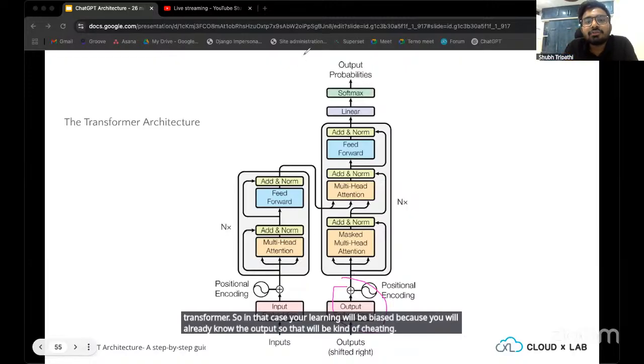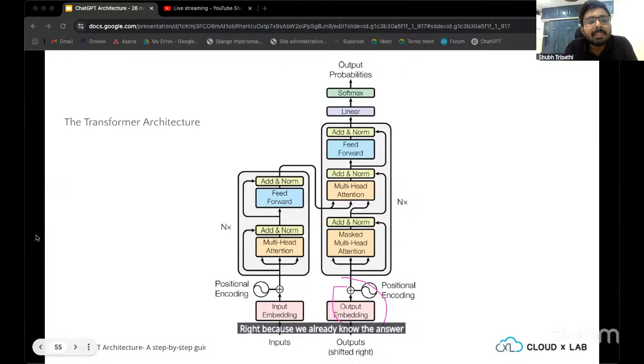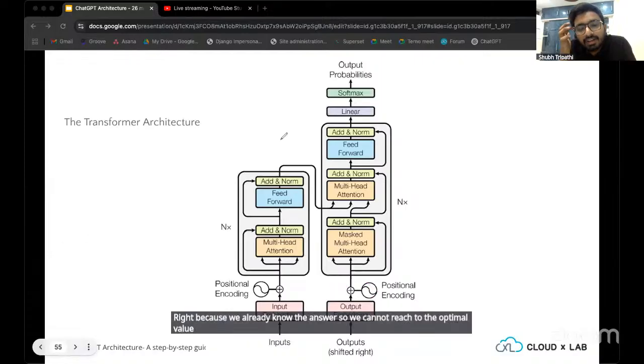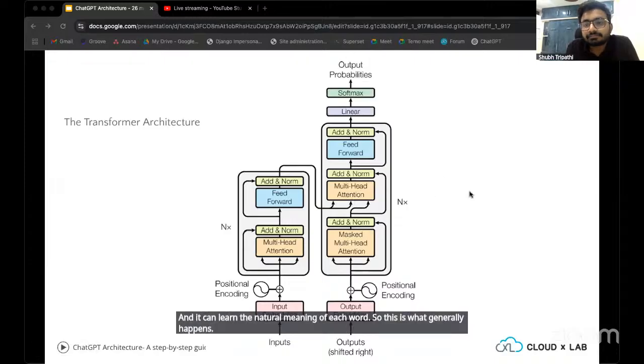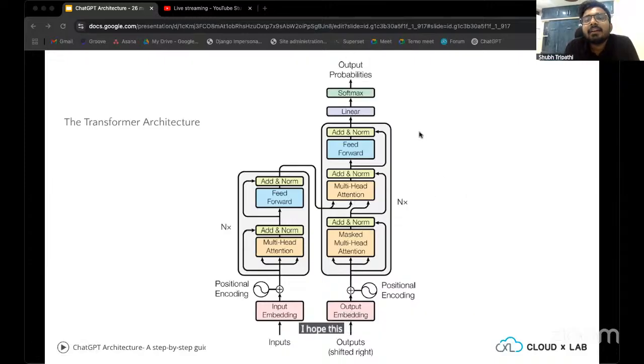Because we already know the answer, we cannot reach the optimal value. So that's why we mask the next words which are not yet predicted, which the model is yet to predict, so that the model cannot see those words during training, and it cannot cheat, and it can learn the natural meaning of each word. So this is what generally happens. I hope this is clear now.